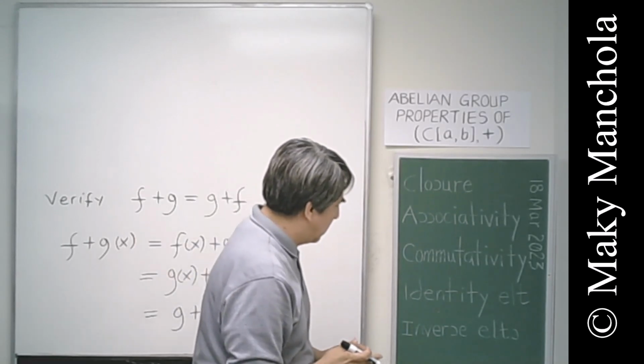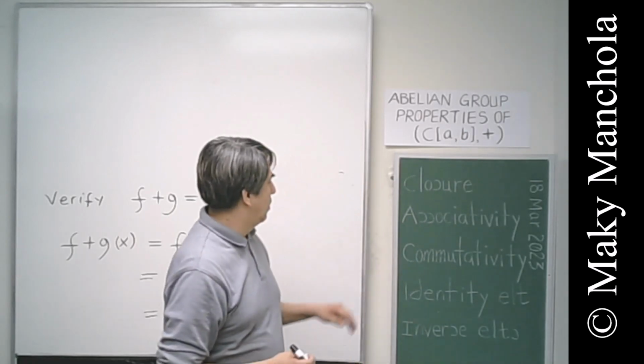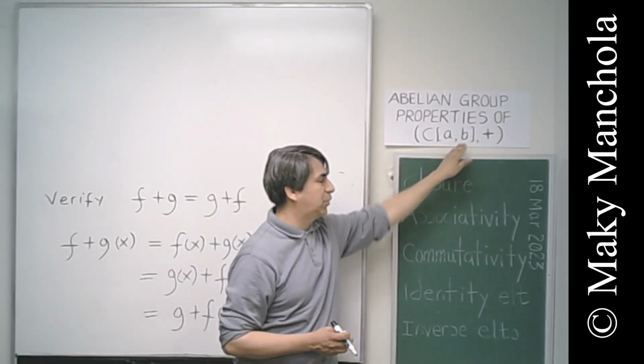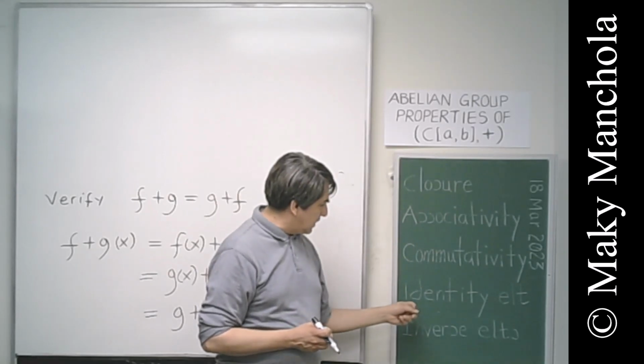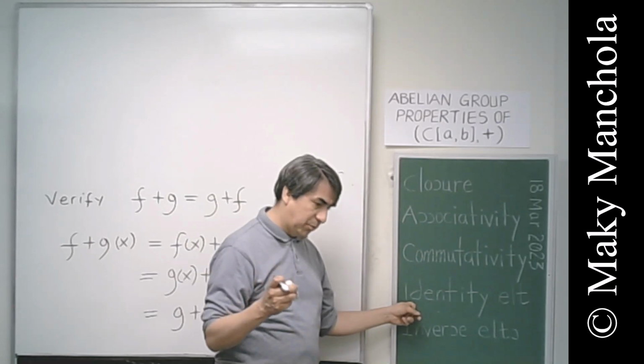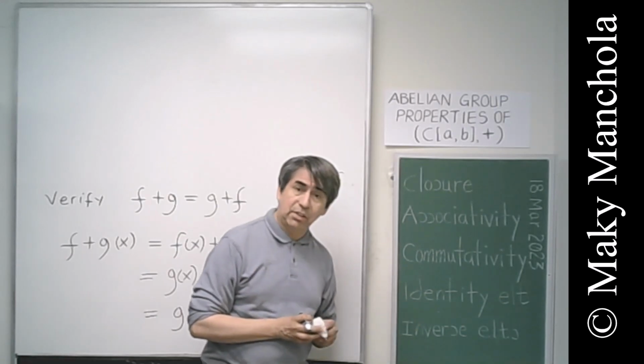Next item. Let's verify that our collection of continuous functions on the interval from a to b inclusive contains an identity element, which is the zero function.